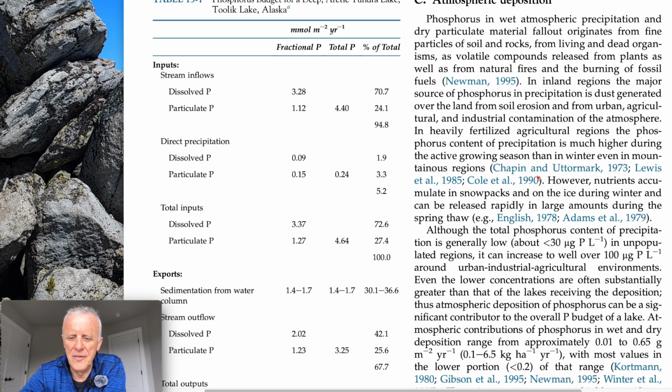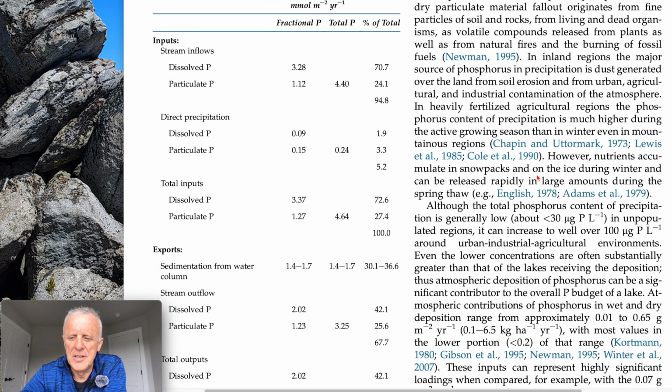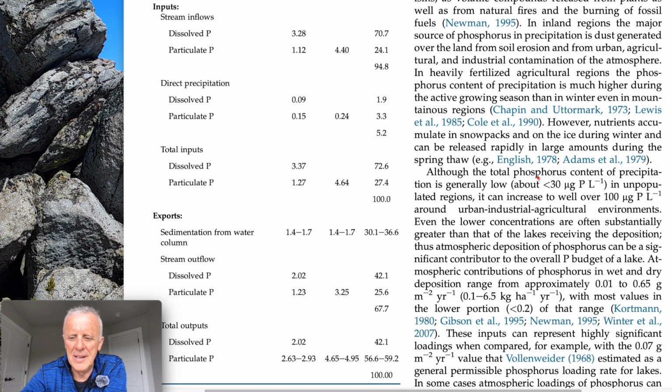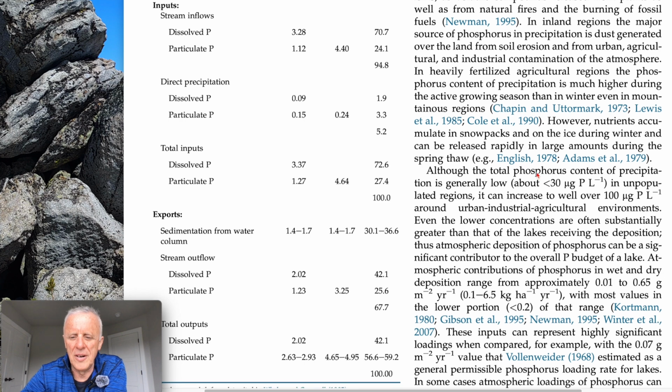In heavily fertilized agricultural regions, the phosphorus content of precipitation is much higher during the active growing season than in winter, even in mountainous regions. However, nutrients accumulate in snowpacks and on the ice during winter and can be released rapidly in large amounts during the spring thaw.